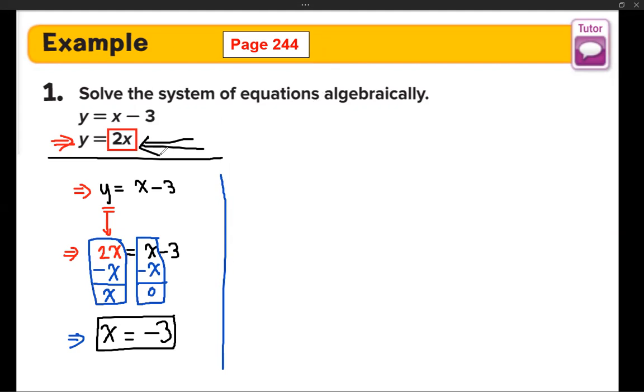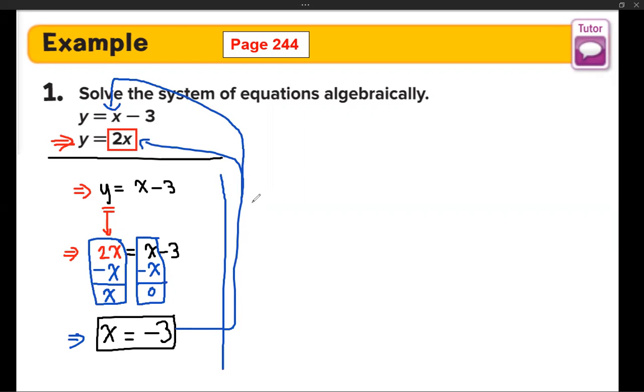It's equal to 2 times x. So we need to take this value here and substitute it here, so we can get the answer. Or we can substitute it also in this equation here, and both of them will give us the same answer.